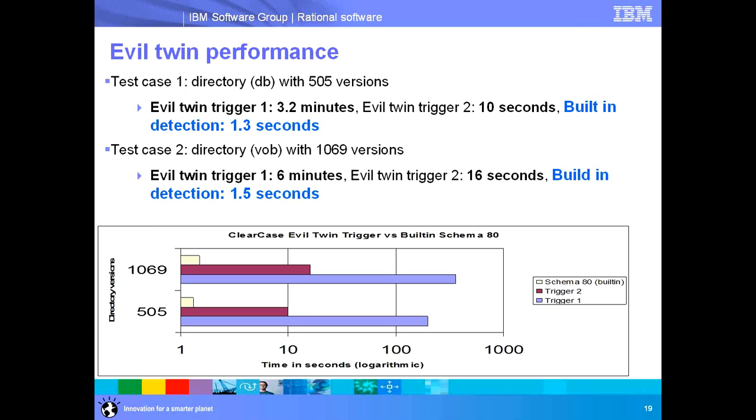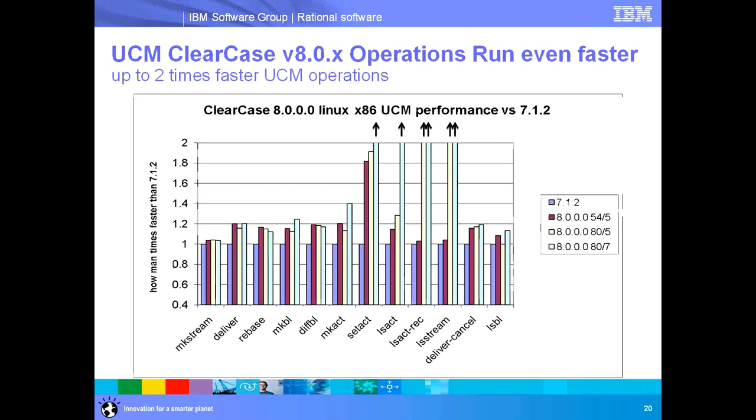This is a snapshot of one of the performance comparisons that we did on UCM operations. The bars which you see in green, yellow and red are for the 8.0 series, and the one in blue is for the older version, that is 7.1.2.